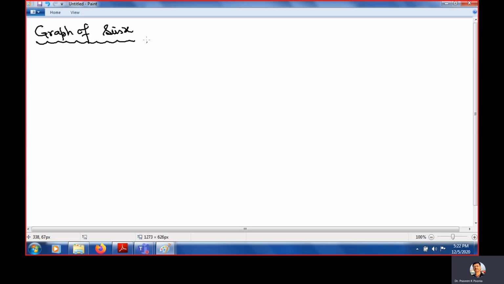Generally we draw the graph between 0 to 2 pi. Why do we draw the graph between 0 to 2 pi?